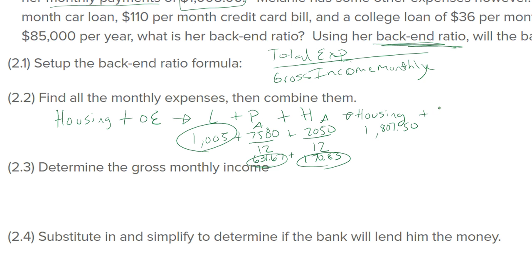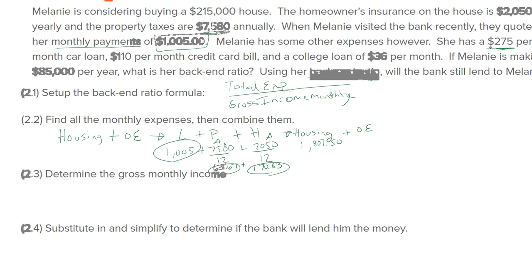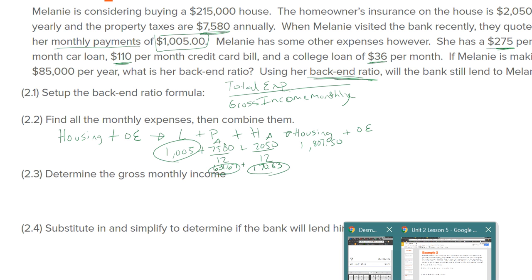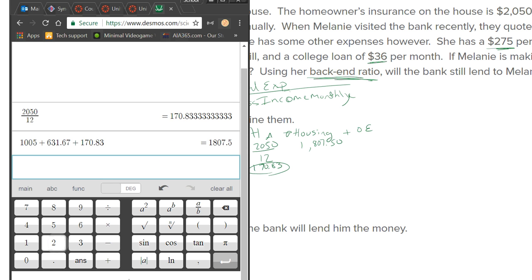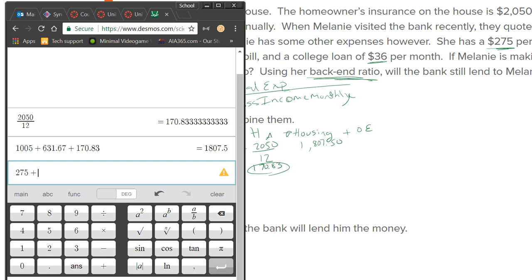And now we need to find our other expenses, which, if we go back to the problem, is $275 for car loan, $110 for credit card, and $36 for our college loan. So let's add those together. So we have $275 plus that other one, $110 plus $36.